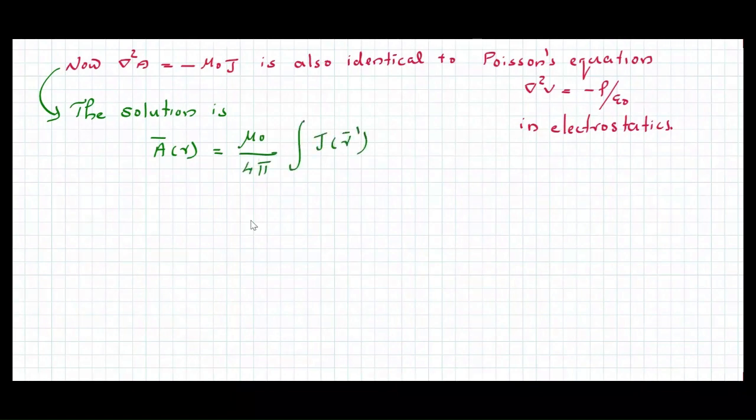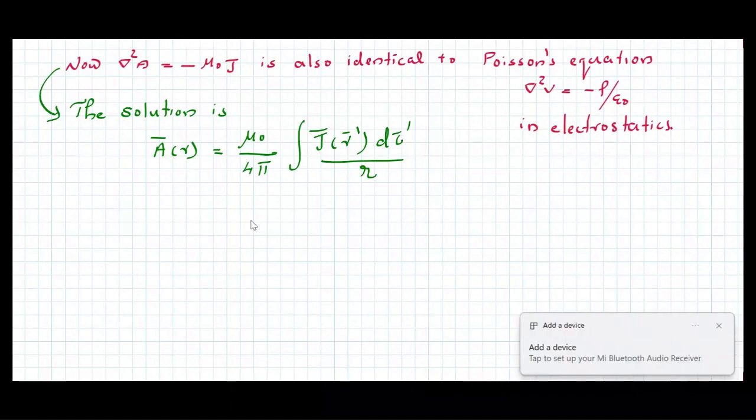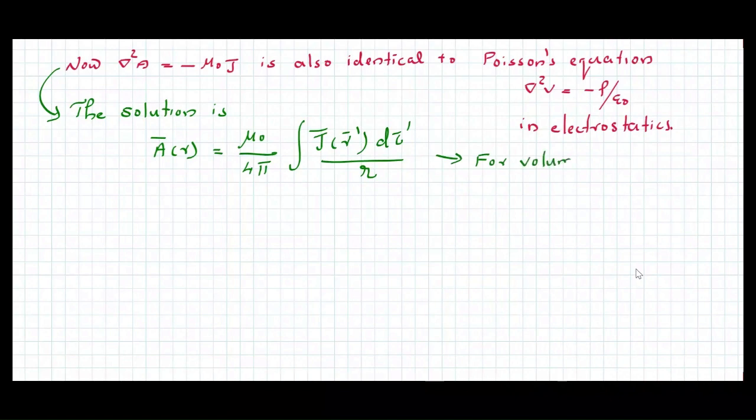On solving del square A equal to minus mu 0 j, the solution is A of r equal to mu 0 by 4 pi integral j of r prime d tau prime by r. This is for volume current.